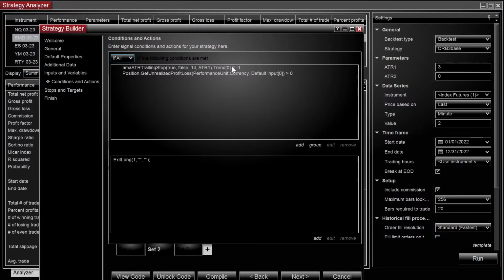And then you see we have when the ATR changes to -1 and P&L is greater than 0, it gets us out. So it basically says we're only going to take this exit condition if we're in the money. Remember, we're using our ATR exit for the money, and then we are using the opening range low as our initial stop.